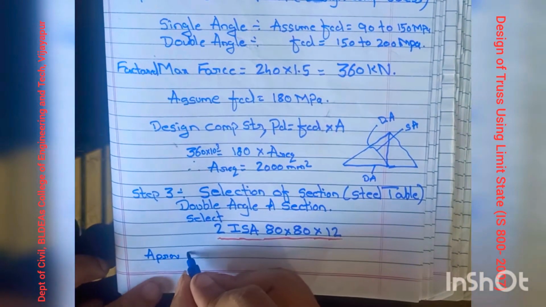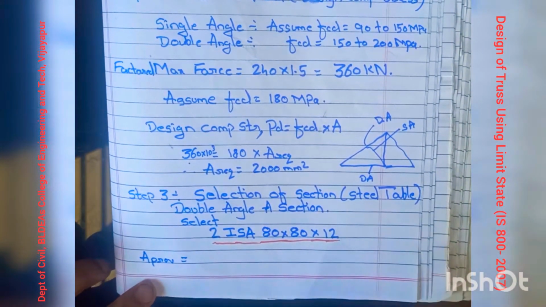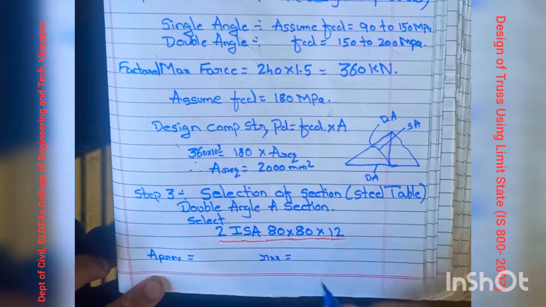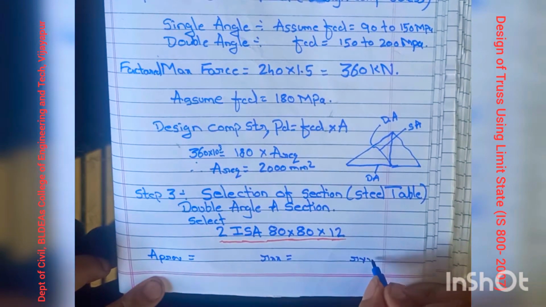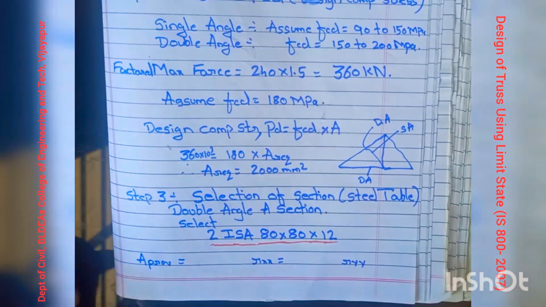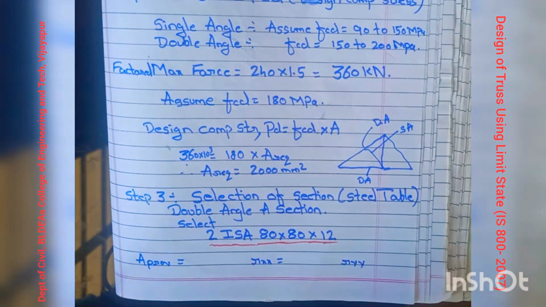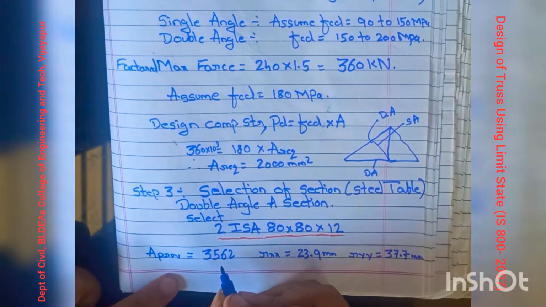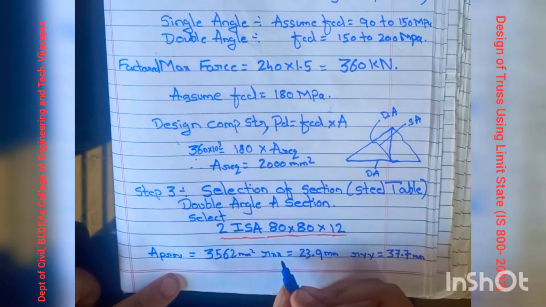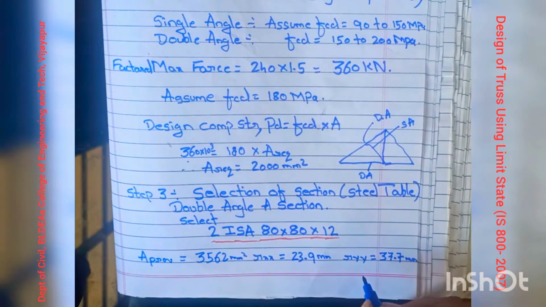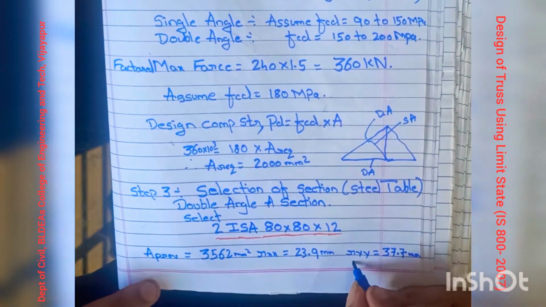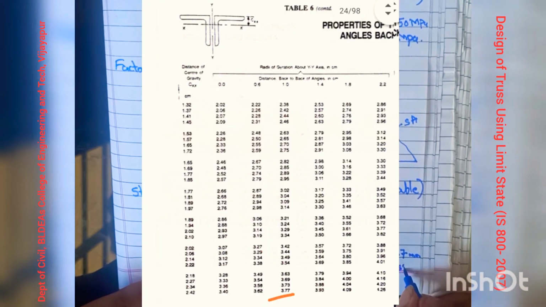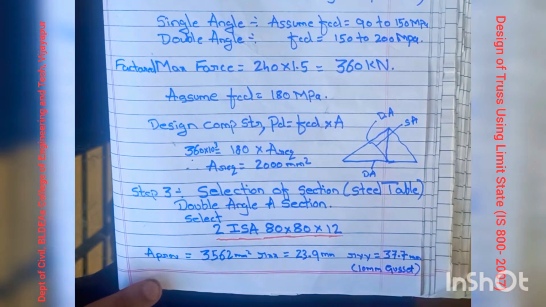So I need the area of the selected section, then I need the RXX value, then the RYY value. I will check it in the steel table and write it down. The area for the selected section is 3562 mm square, RXX is 23.9 mm, and RYY is also given in the steel table. For a 10 mm gusset plate, which I have assumed, the value is given in the steel table.